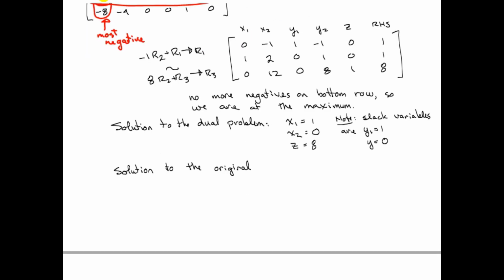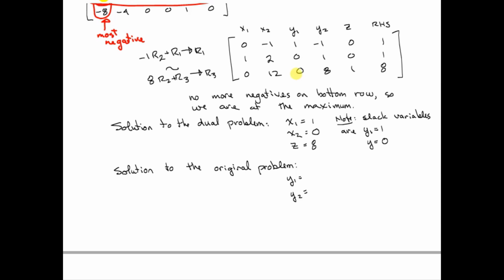Now, let's write the solution to the original problem. That means we need values for y1 and y2. Here is how we get them. y1 and y2 are serving as slack variables in the dual problem. The reason we did that is because it turns out the values of y1 and y2 in the original will show up on the bottom row. And so it will be very handy that we use those for our slack variables.